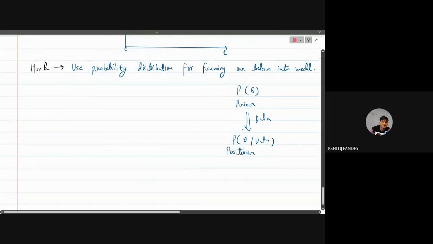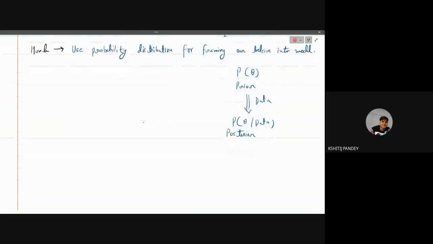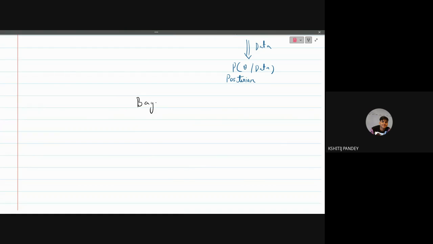Bayesian estimation. And what do we use here? How do we incorporate this data into our prior density function? For that, we use Bayes rule. And what is Bayes rule, if you remember?